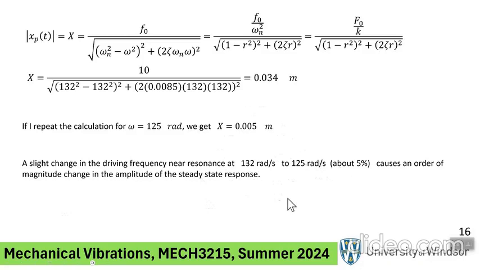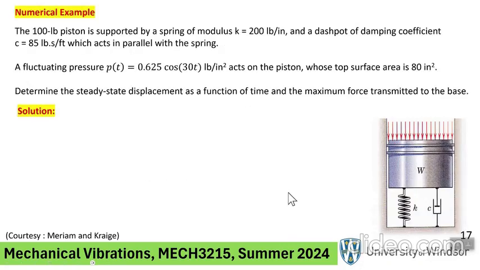Okay, good. The second problem that we're going to do is this piston, and this is a 100-pound piston. It's for maybe a naval application or something like that. It's not a car, definitely. And it's supported by a spring of certain stiffness.